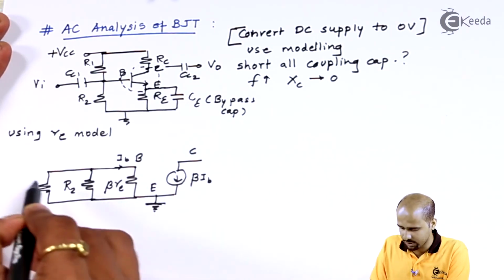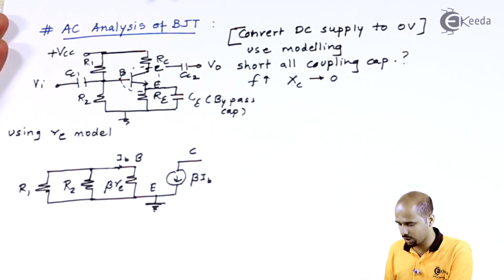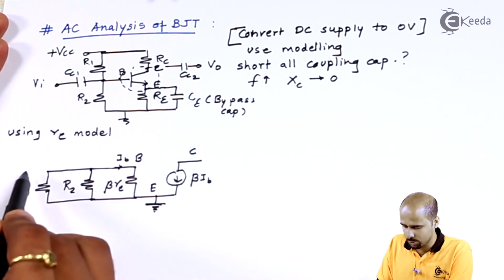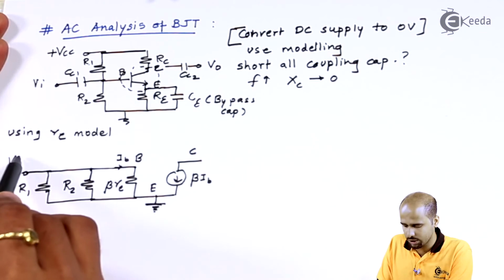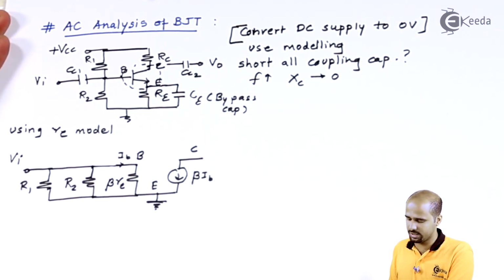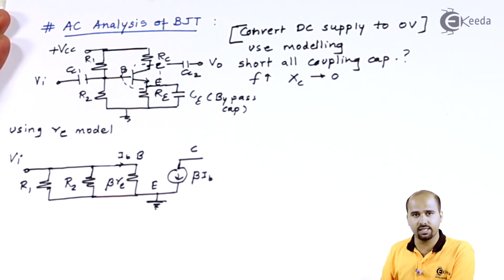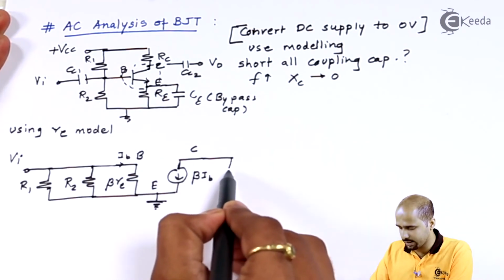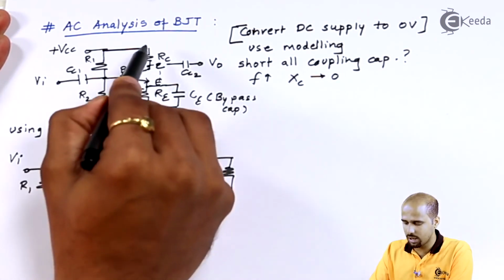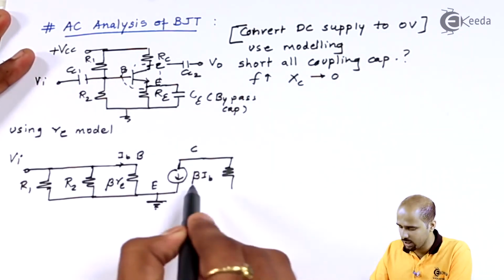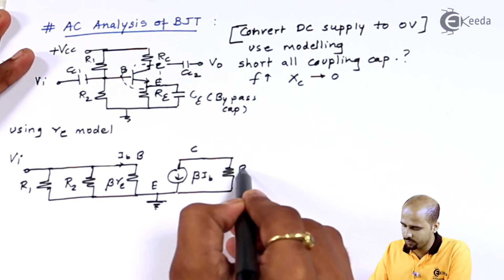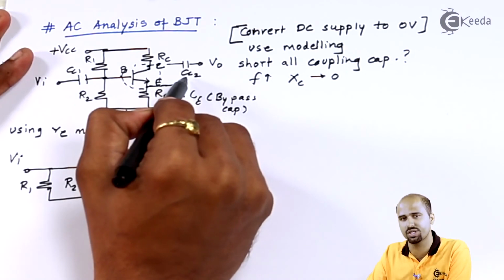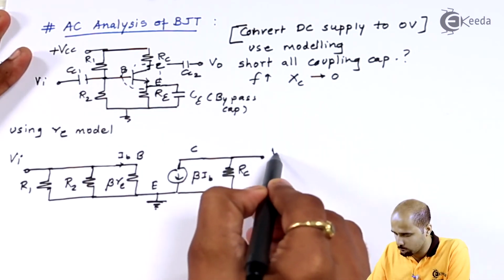Okay, so on the base side, CC1 is shorted, so from the base we'll be getting the input supply. So here my input AC voltage is applied. Now let's move towards the collector side. At the collector side, I have connected RC, right? So I will just draw RC, and RC is connected to VCC. VCC is also grounded, so this is also connected to ground, and at the collector, as CC2 is short circuited, we'll be getting VO over here.